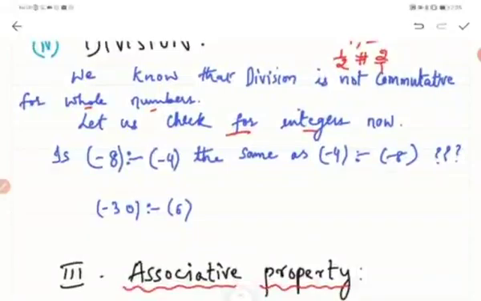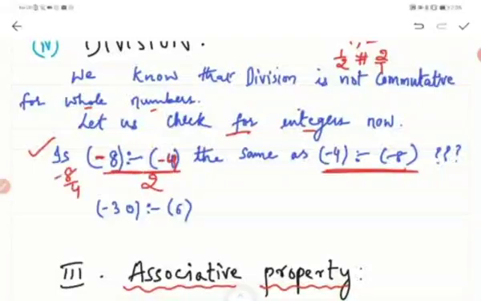If I take one example here, 8 divided by minus 4, is it the same as minus 4 divided by 8? Tell me, 8 divided by minus 4 is how much? 8 divided by 4 is 2, with the sign it gives minus 2.